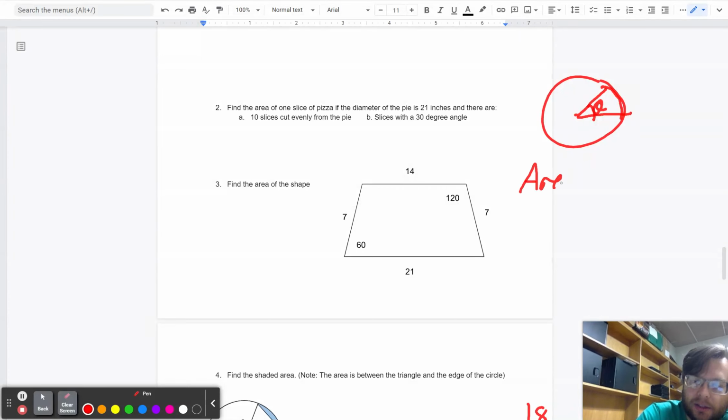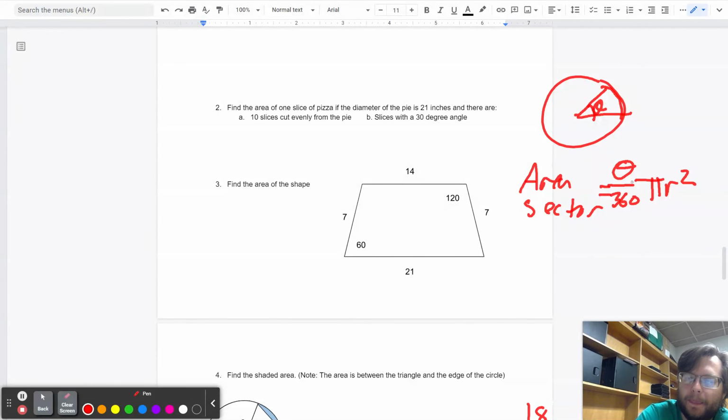The area of a sector is just, well, a circle is pi r squared, but we don't have a full circle. We really just have theta out of a full circle. So theta divided by 360 times pi r squared. But really, this theta over 360 just represents the fraction of a circle.